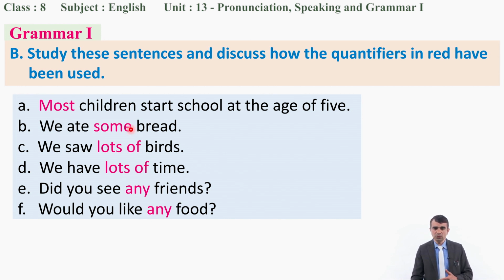So here you should not just read the sentences, you should analyze how they are used, what they are used with, what comes after each of the quantifiers. Let's see here on the board.